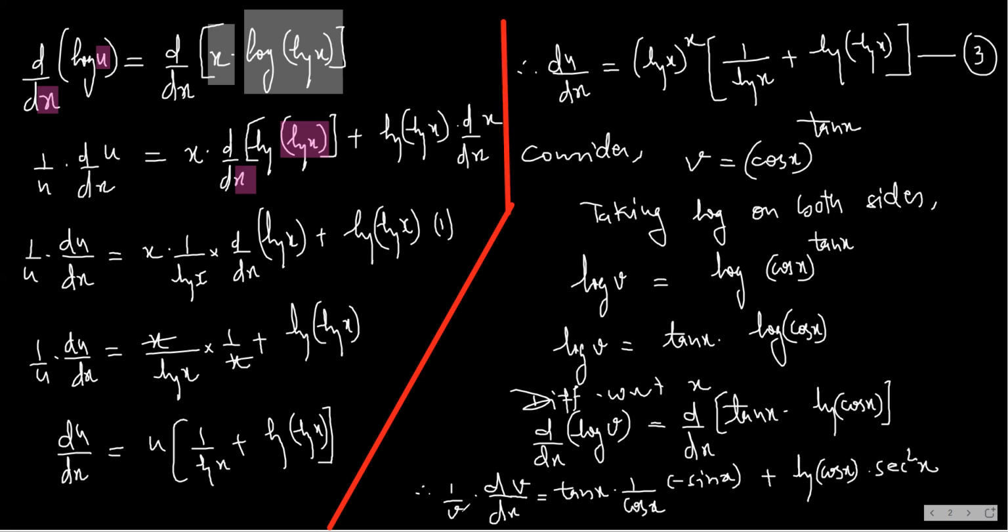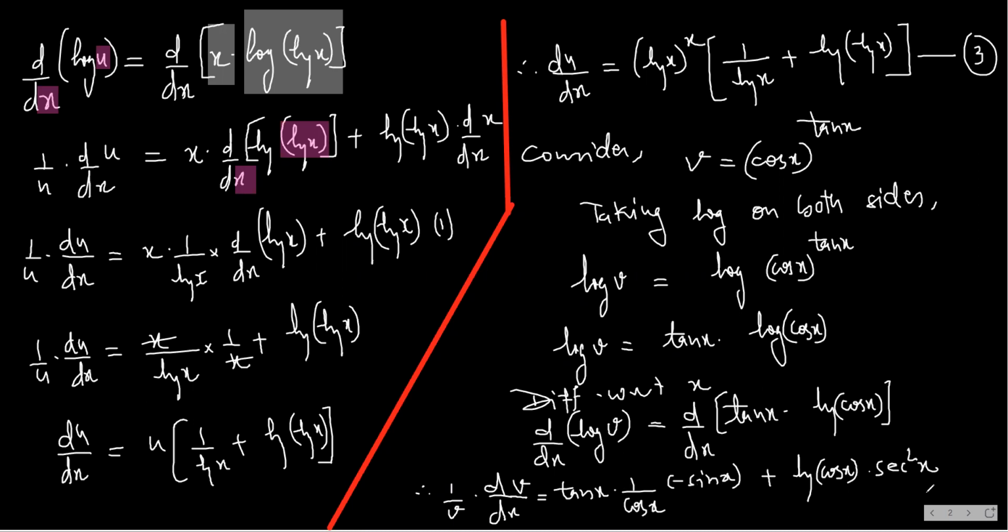Now what will happen next? This we will multiply in the numerator on RHS. So here, see what you have. You have tan x, and this sine upon cos is also tan. You have tan x into tan x.